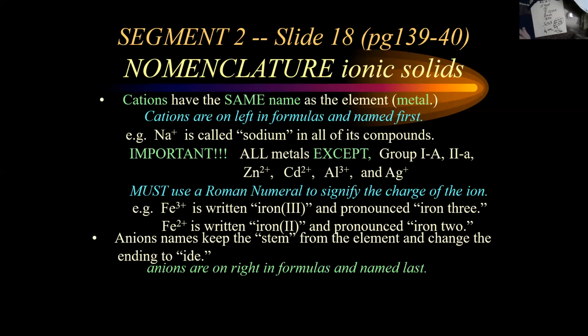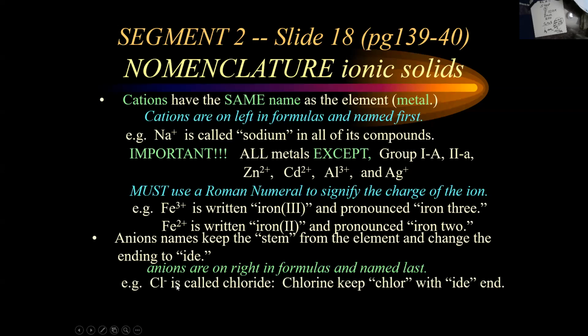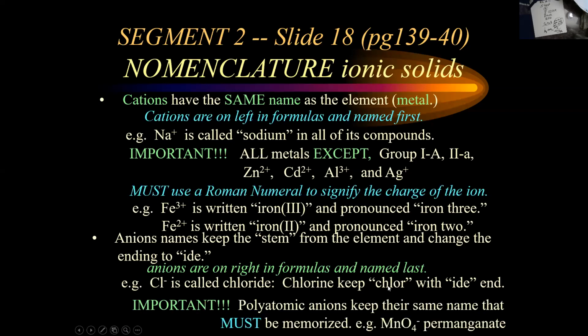So when they named those polyatomic ions, they were sometimes called pseudo halogens. Group 7 is a halogen column. So they behave like halogens, and they have the ending IDE just like chlorine would, or bromine or iodine. Okay? Now, you keep the chlor, which gives you the stem name, and you go to IDE.